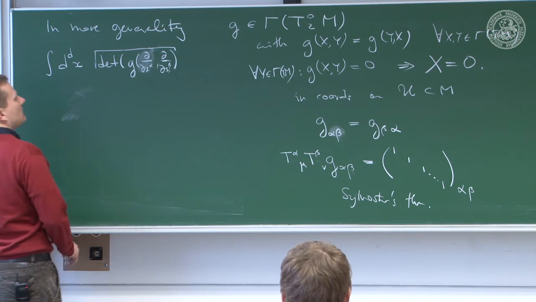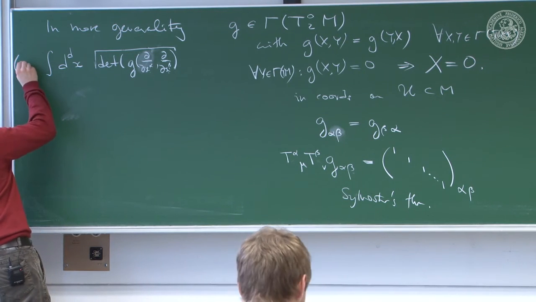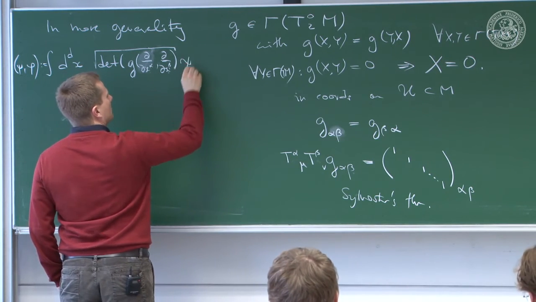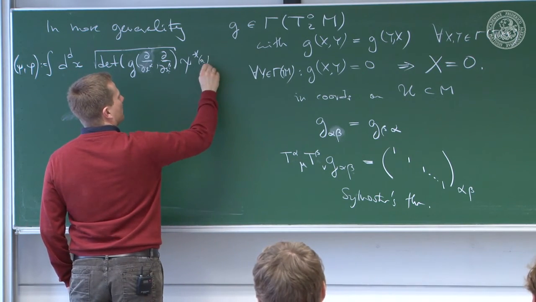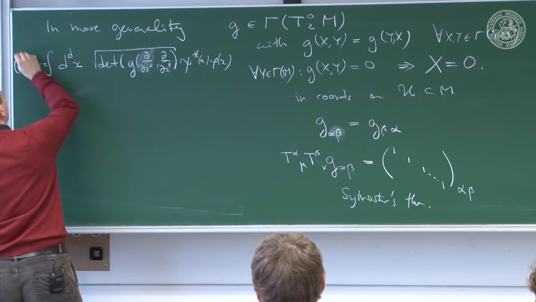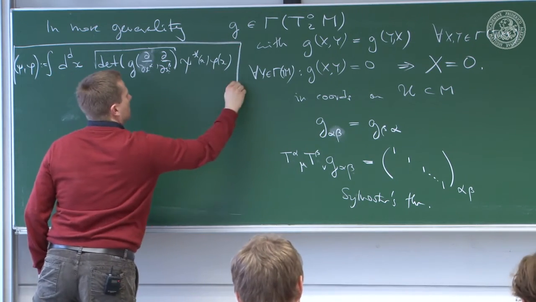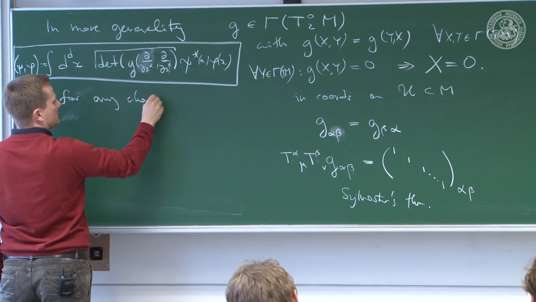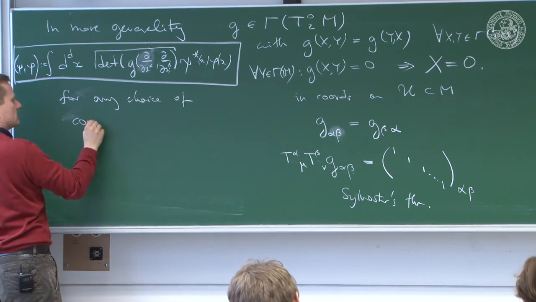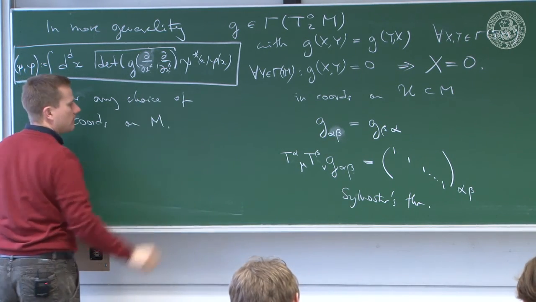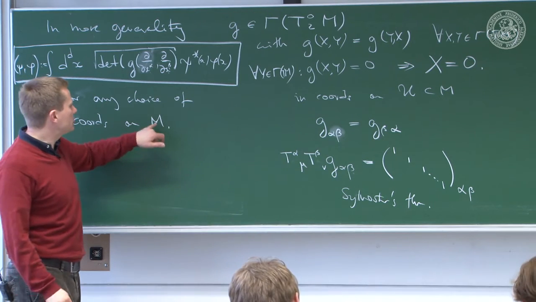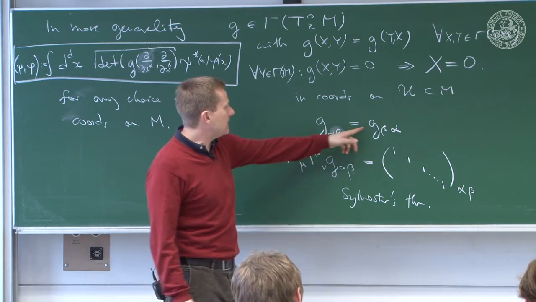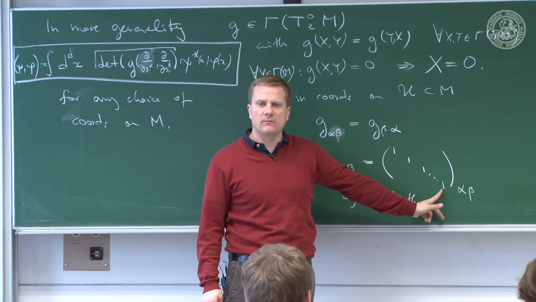Okay? So in more generality, we now want to define the inner product psi comma phi as this factor times psi star of x, phi of x, this integral, but now for any choice of coordinates on M. Now, if you wish, you can choose M to be R^d, and you can choose the coordinates that make the metric everywhere have this form.